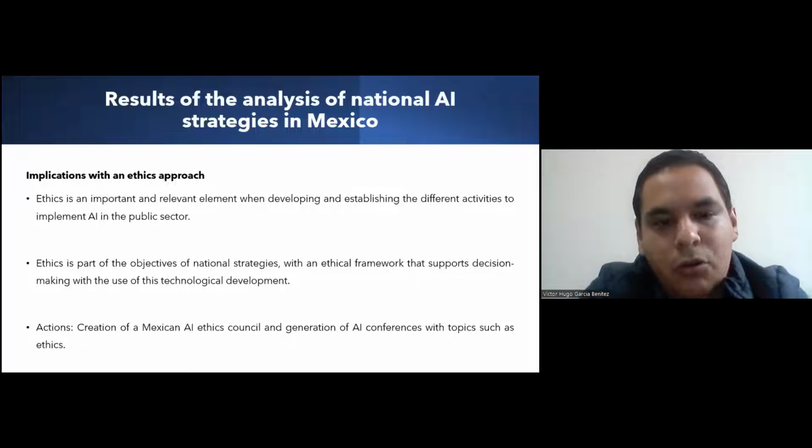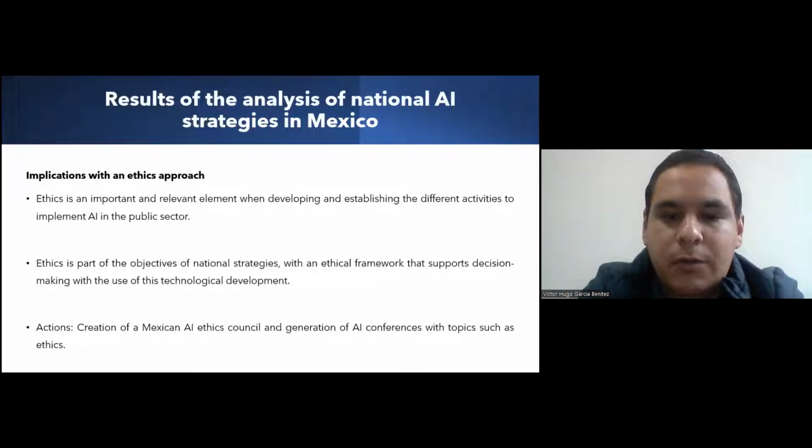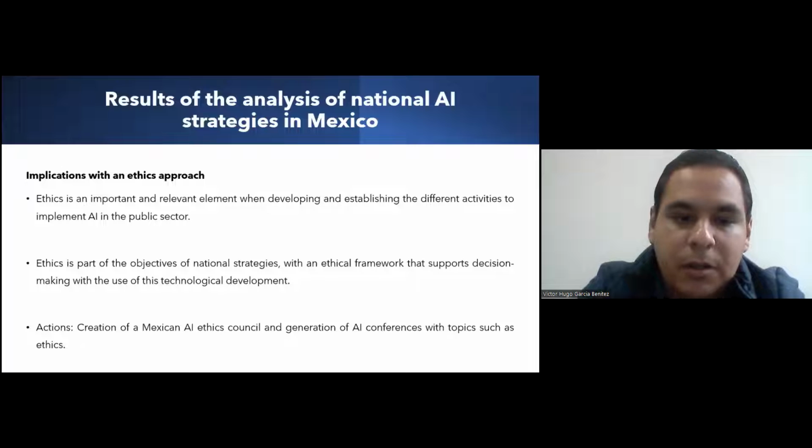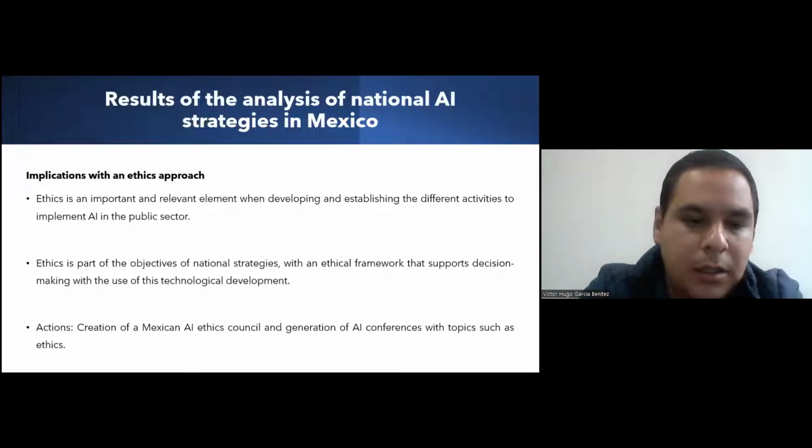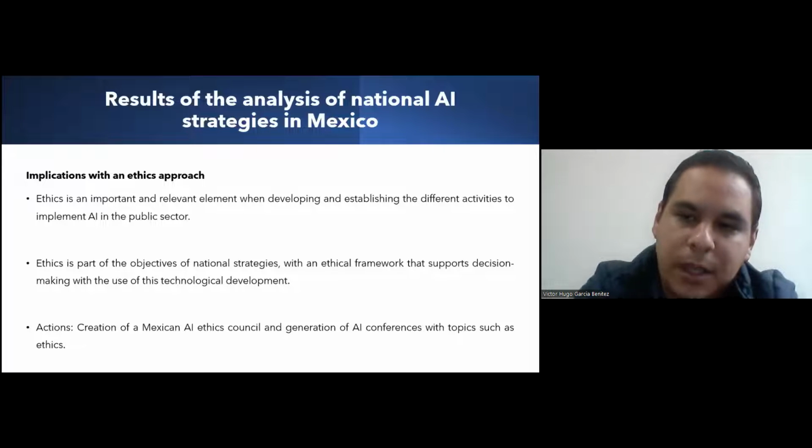In addition, the documents propose the establishment of an ethical basis for the mitigation of social, environmental, and economic risks that the implementation of AI implies.